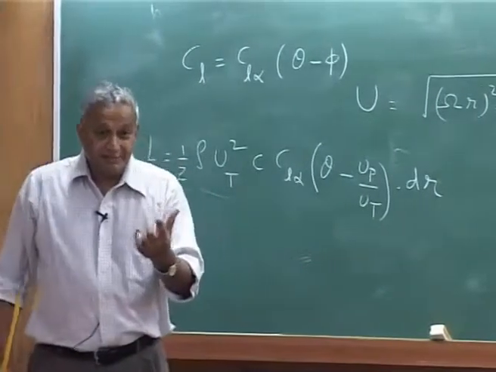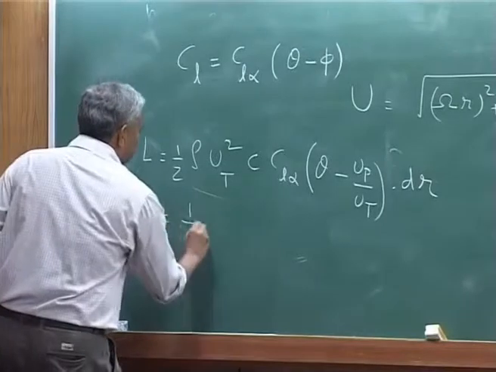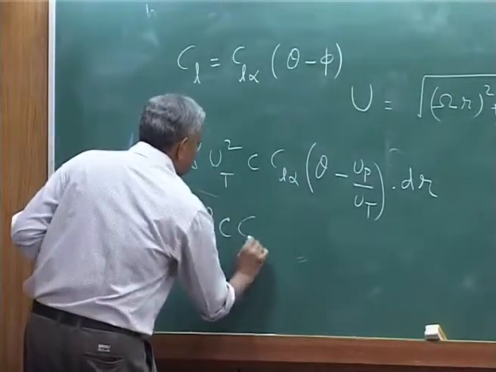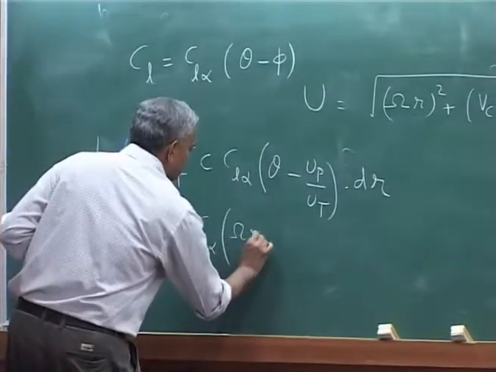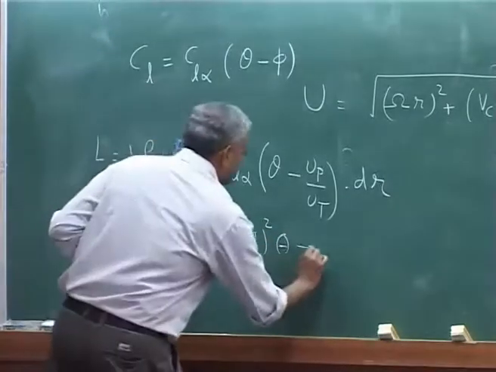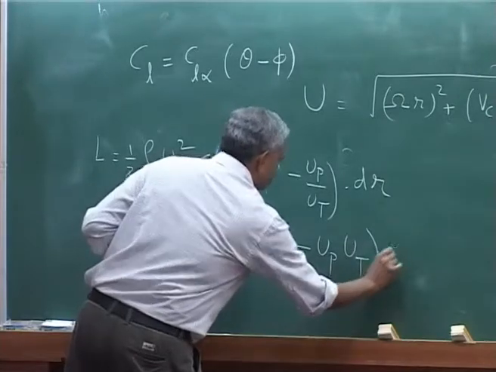This is the approximate expression. Now, you see this is much easier if I write it, I take the half rho c ut square, I take it inside. So, you will have CL alpha, ut square is omega r, theta minus up over ut, okay.